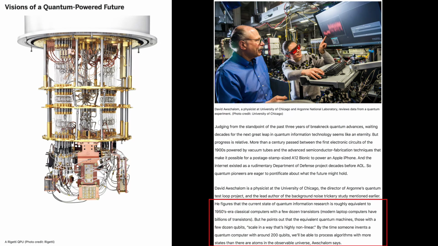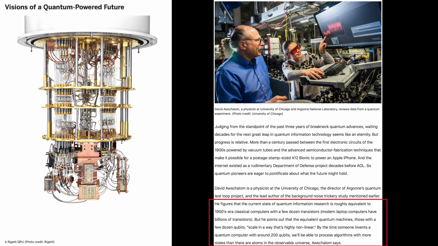But he points out that the equivalent quantum machines, those with a few dozen qubits, scale in a way that is highly non-linear. By the time someone invents a quantum computer with around 200 qubits, we will be able to process algorithms with more states than there are atoms in the observable universe.